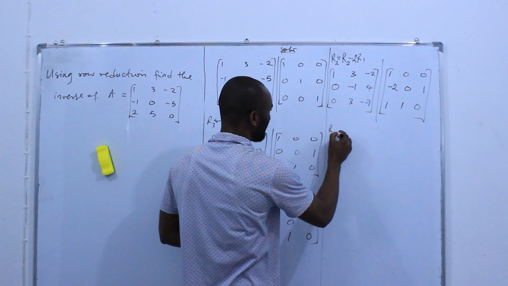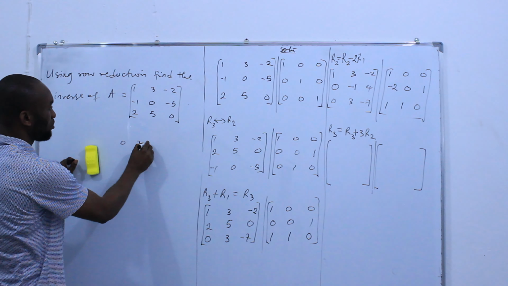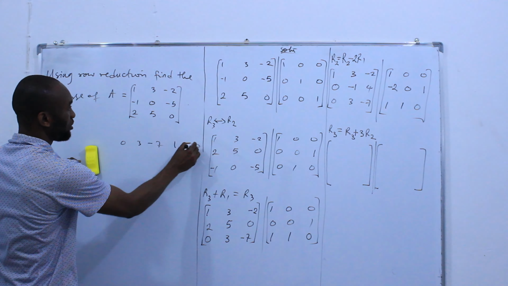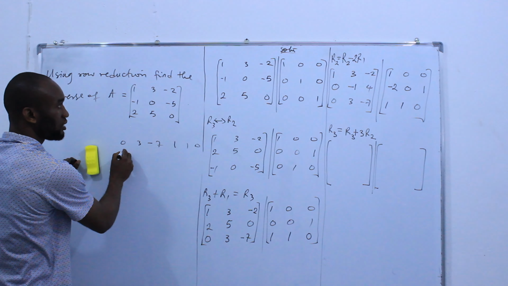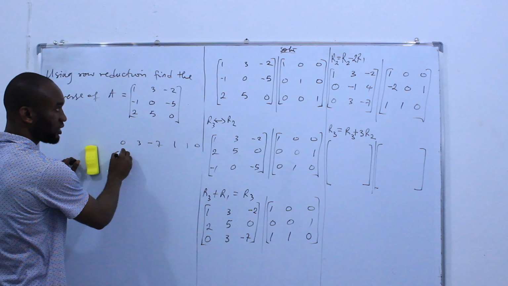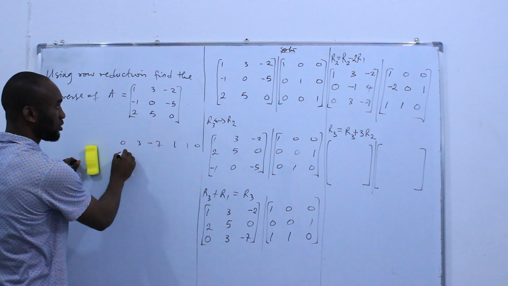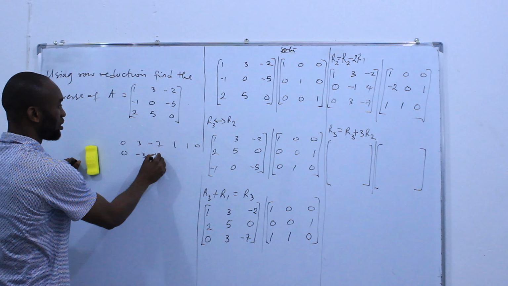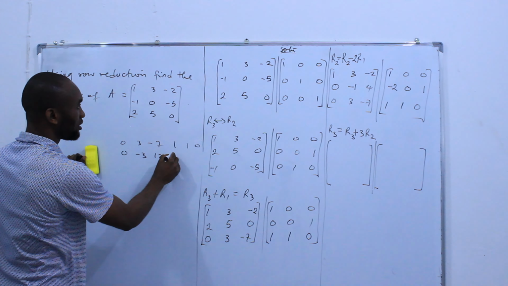Row 3 is 0, 3, minus 7, 1, 1, 0. Then 3 row 2 is 0, minus 3, 12, and then minus 6, 0, and 3. So when we add, we have 0, 0, 5. Here we have minus 5, 1, and 3.